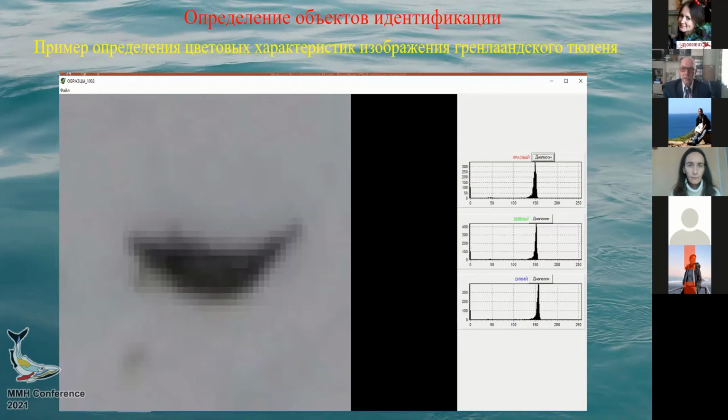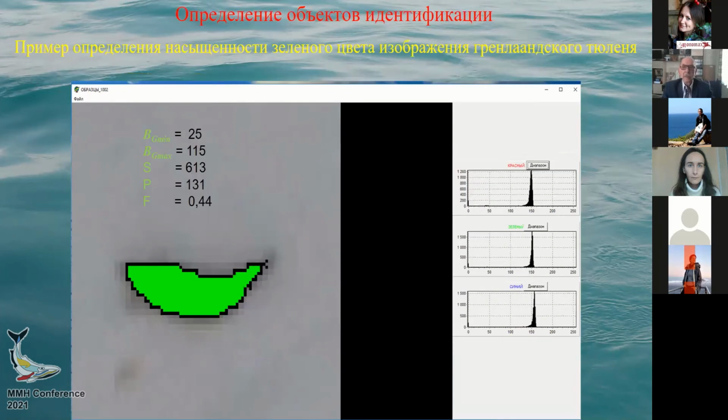On the slide, you can see an image of an adult seal on the left-hand side, and on the right-hand side, a histogram of the distribution of color characteristics. We have red, green, and blue separately. In order to process this further, we determine the brightness of green color, the minimum, and the maximum brightness, which covers the entire silhouette of the seal.